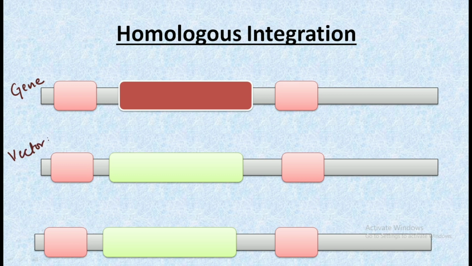On the gene, the first region is HR region 1, that is the homologous region, and on the other side we also have homologous region 2. Same in the vector, we have homologous region 1 and homologous region 2. We have to insert this gene X into our vector.